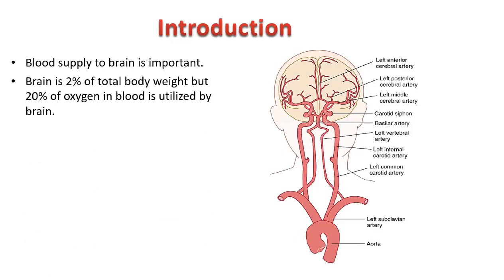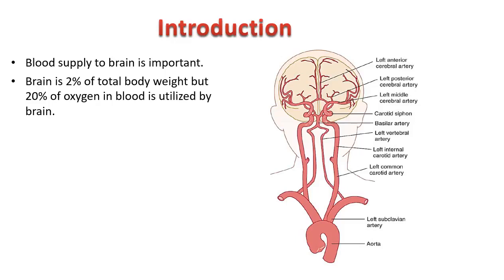Your cerebrum, cerebellum, and brainstem account for only 2% of your total body weight. For example, roughly estimating, if you are 60 kilos, your brain should be around 1200 grams. So just 2% of the total body weight, but it requires 20%.